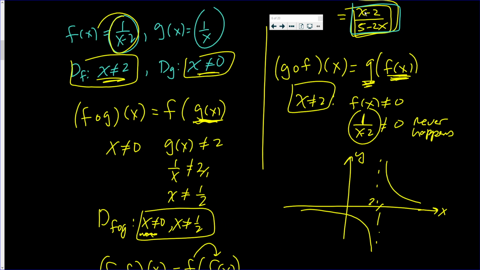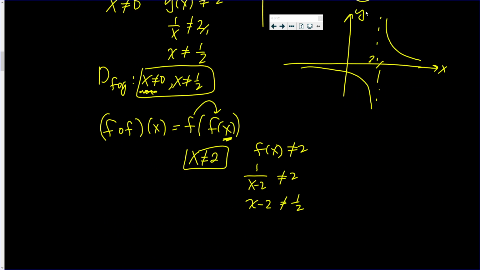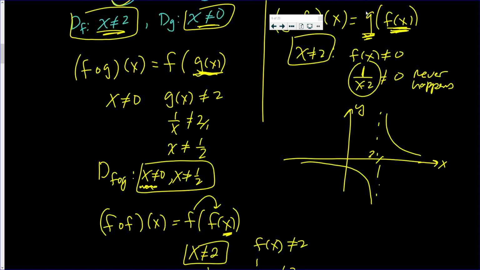But f of x is 1 over x minus 2. 1 over x minus 2 can't be 2. Taking reciprocals, I get that. Add 2 to both sides, I get x cannot be 2.5 or 5 halves. Okay, so x can't be 2, x can't be 5 halves.